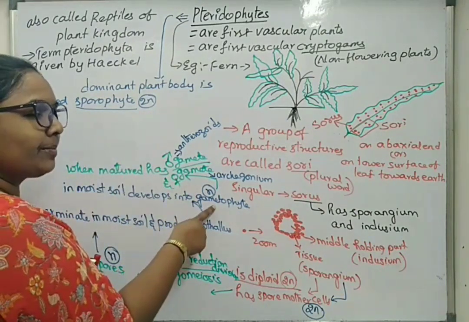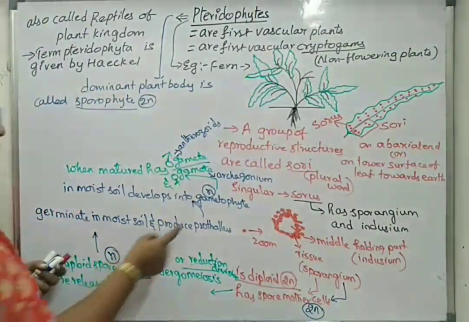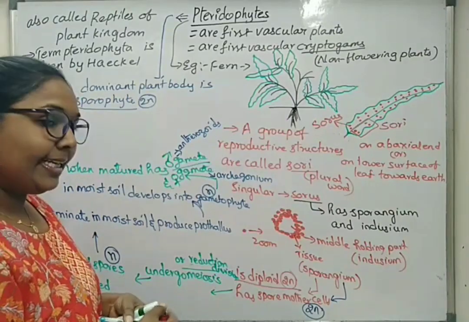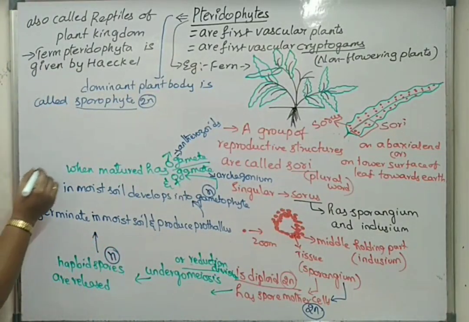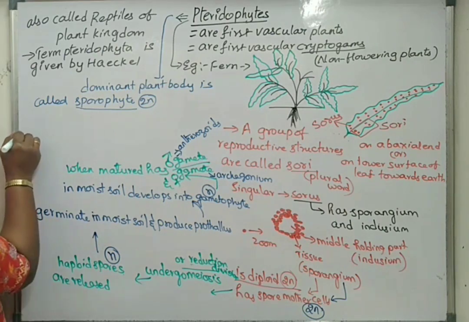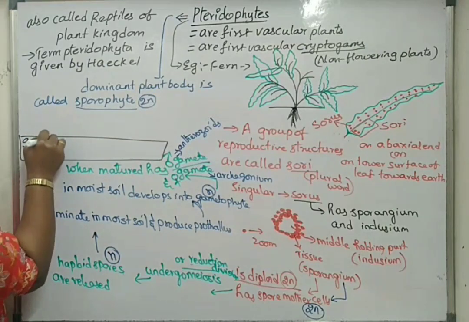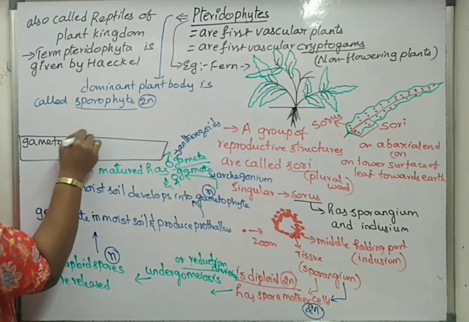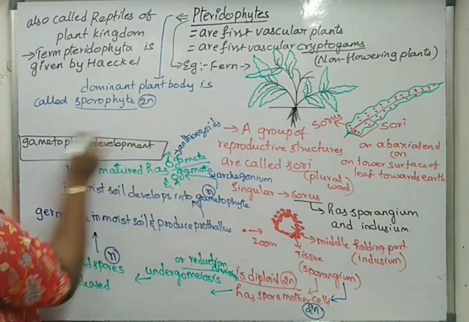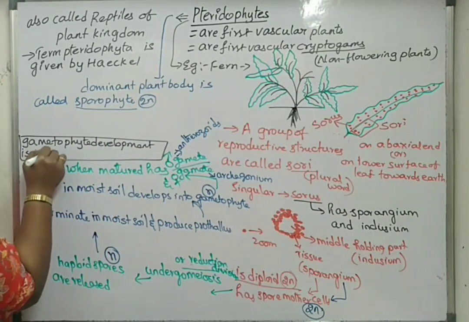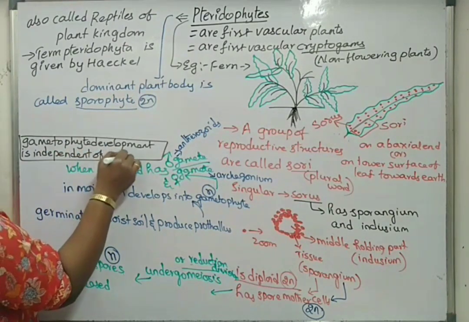It gets nutrients from the moist soil by absorbing water and minerals. So we can say gametophyte development is independent of the sporophyte.